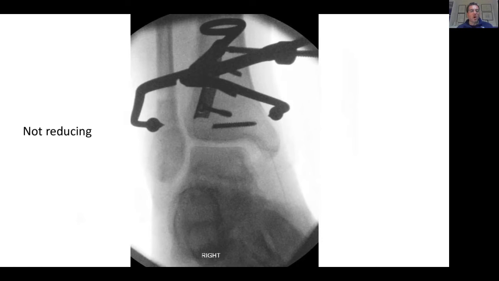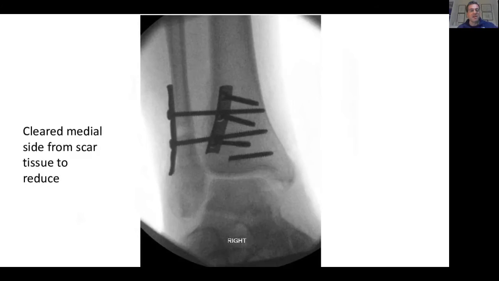We removed all the screws, and I was called in. I asked for another colleague to have a look to confirm, because the patient was consented for screw removal, not for any reconstructive surgery. Still not reduced properly. We put an arthroscope in and cleared the medial side.